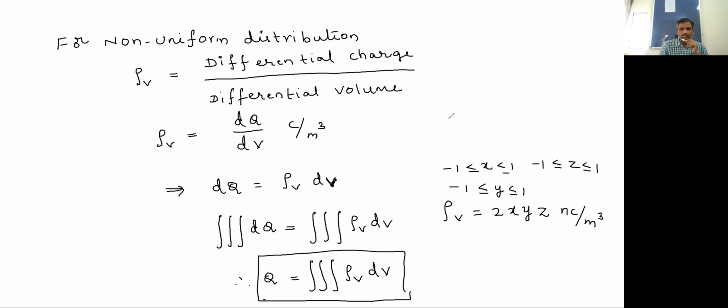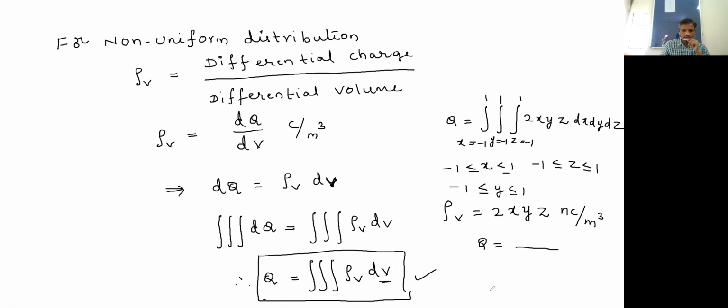You just need to find the total charge by taking the volume integration. x is from -1 to 1, y is from -1 to 1, z is from -1 to 1, and the integrand is 2xyz, and dv in the rectangular coordinate system is equivalent to dx dy dz. Split this and solve, and you will get the q value. This is how you have to do problems when this expression is used.